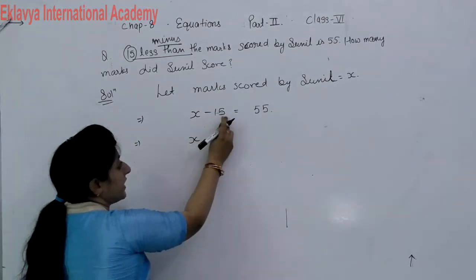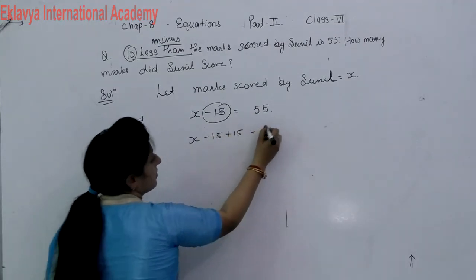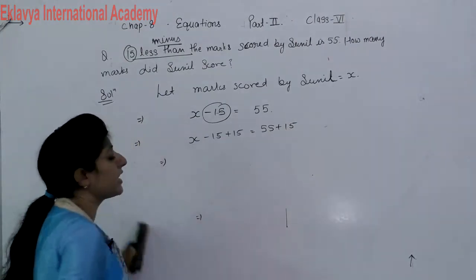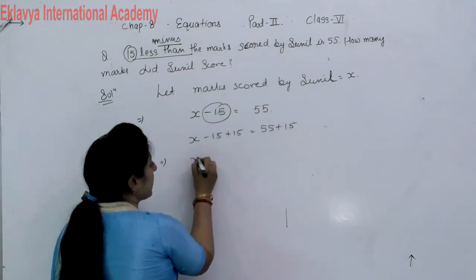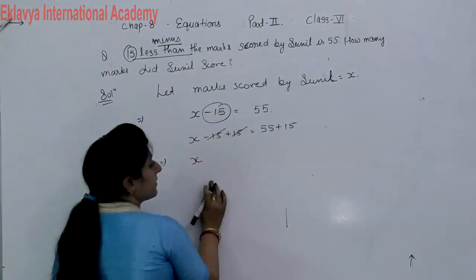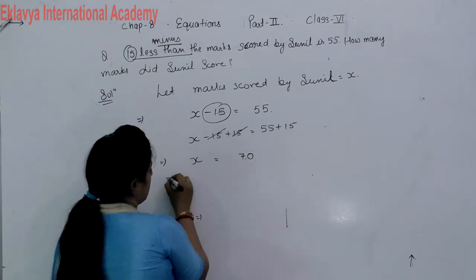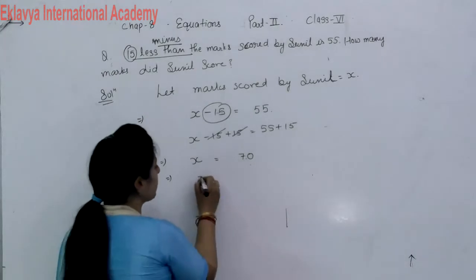x minus 15. To solve this mentally, what do we have to do? On both sides we will add plus 15, then x minus 15 and plus 15 cancel, it becomes 70. And how to solve by the transposition method?